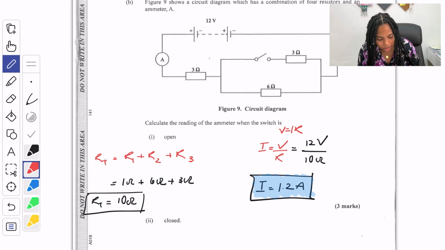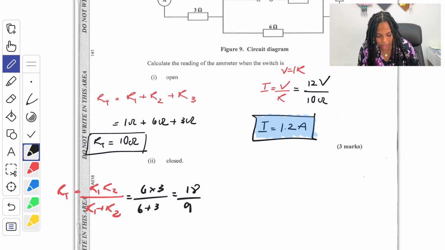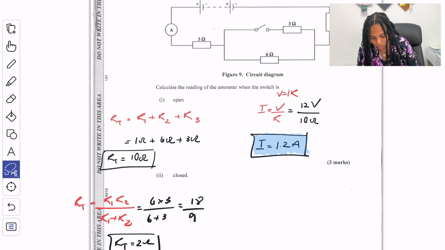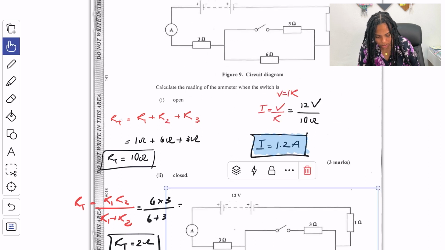But I'll use RT is equal to R1 by R2 over R1 plus R2, which is 6 times 3 over 6 plus 3. 6 times 3 is 18, 6 plus 3 is 9, 18 divided by 9 is 2. So the resistance there is 2 ohms. So it essentially is like, let me do a little sketch of that. So we could visualize what's going on.